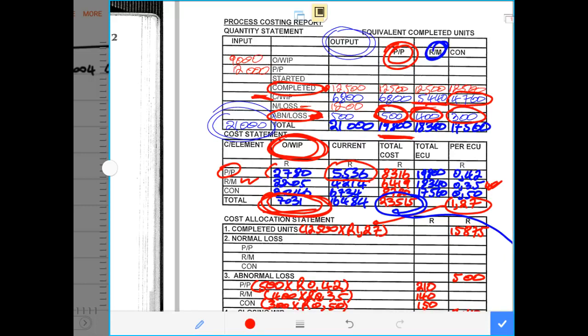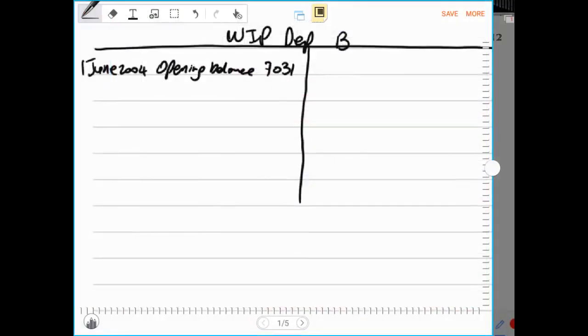Then we'll take into account material and conversion cost. So now this is the previous process, under previous process. This is PP. That current cost of the previous process will have to be recorded under previous process. So that will be work in process of department 1.